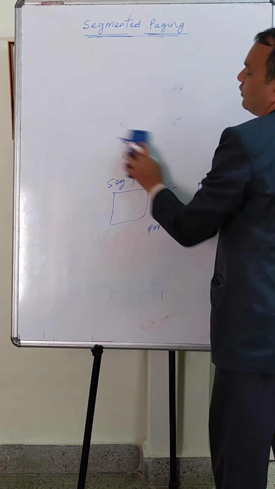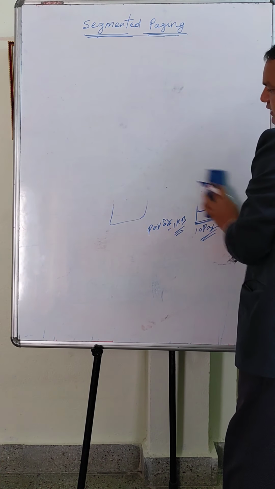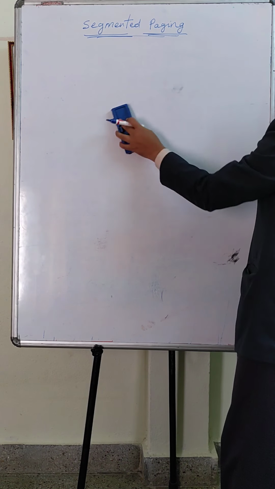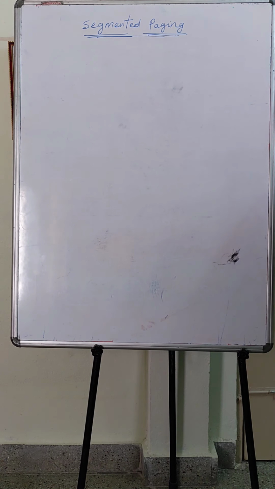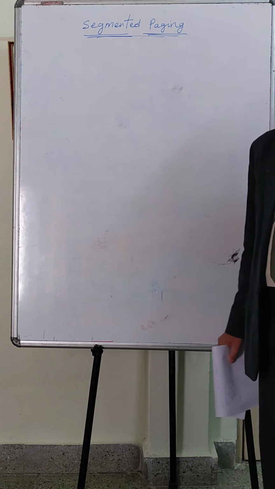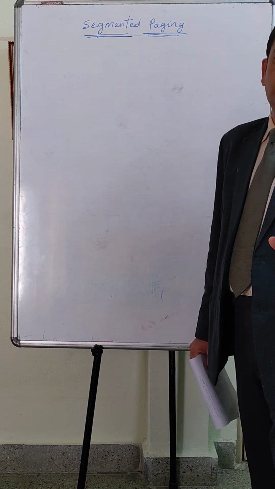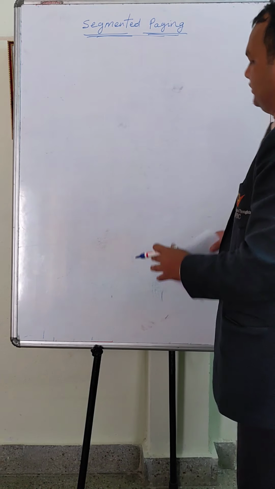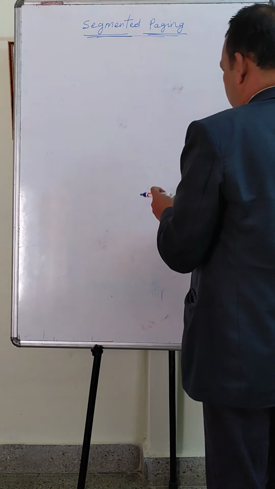Please remember the following important points. The program is divided into different segments, and each segment has its own page table. Understood? That page table is stored in main memory. That is the most important part.